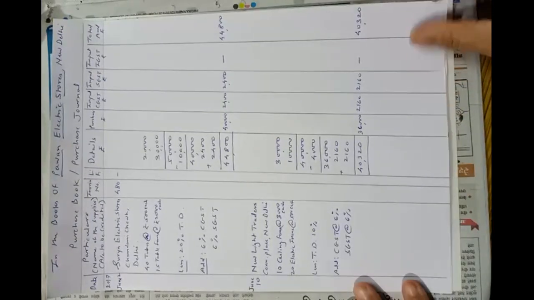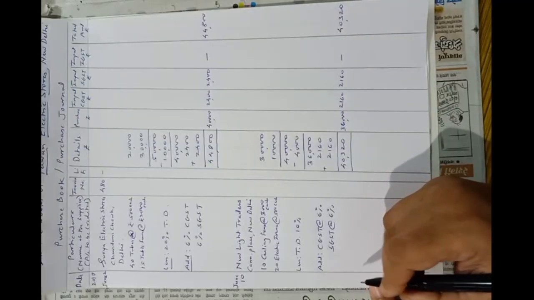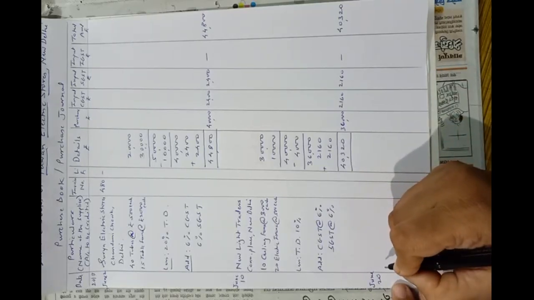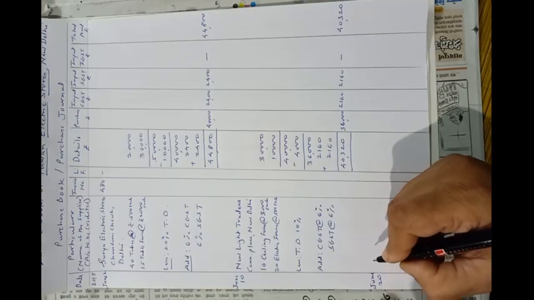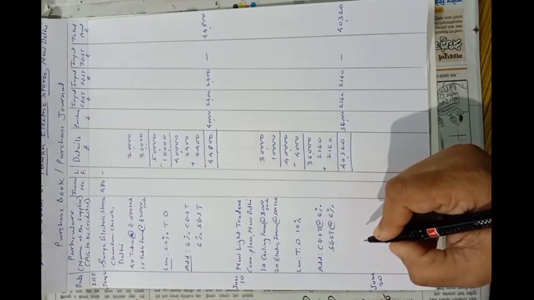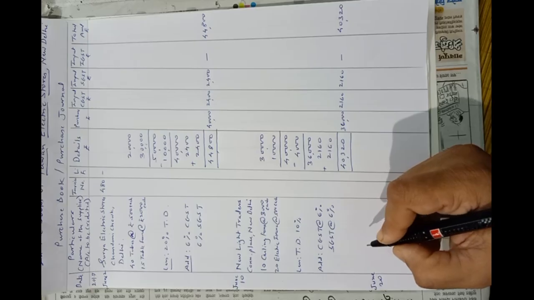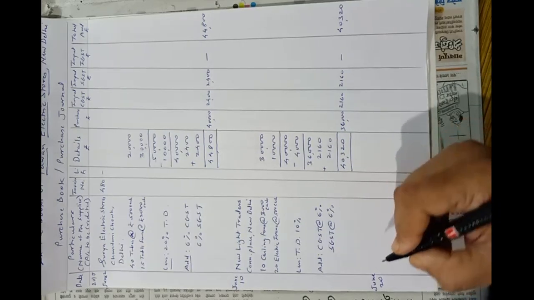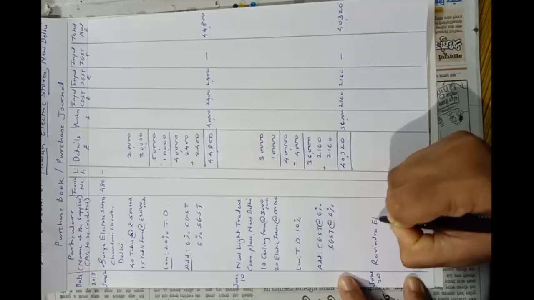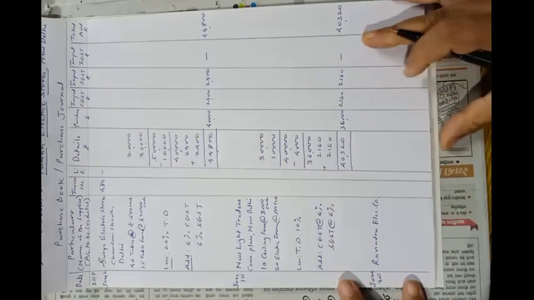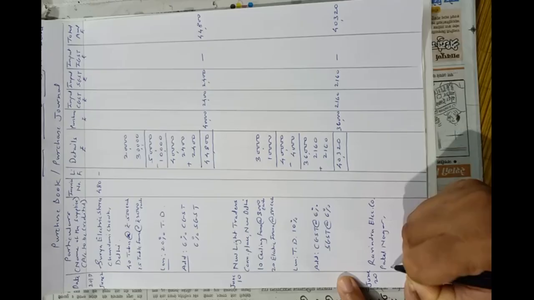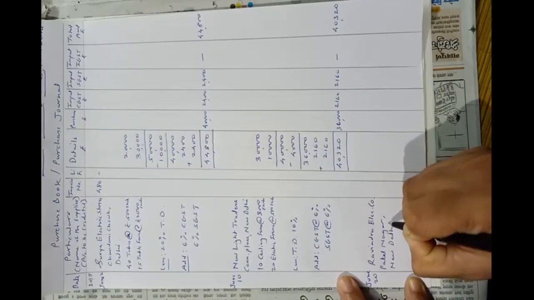Okay, and now next point, that is of June 20. Ravindra Electric Company, and the address is Patel Nagar, New Delhi.